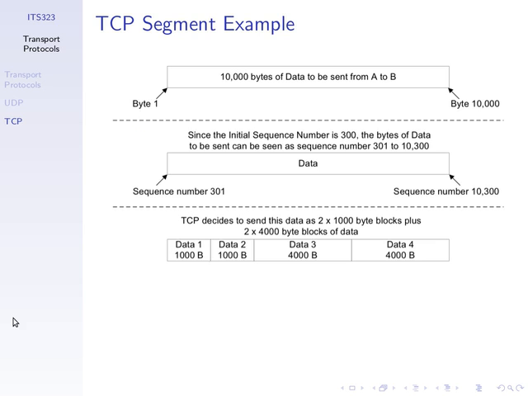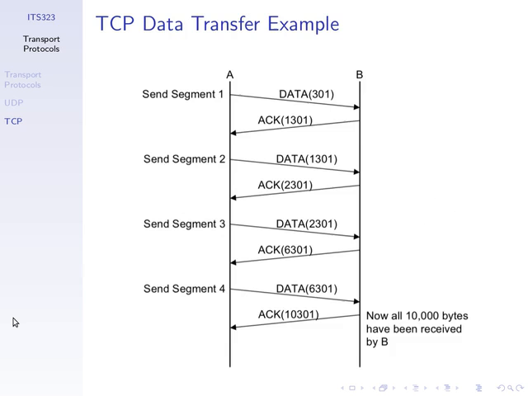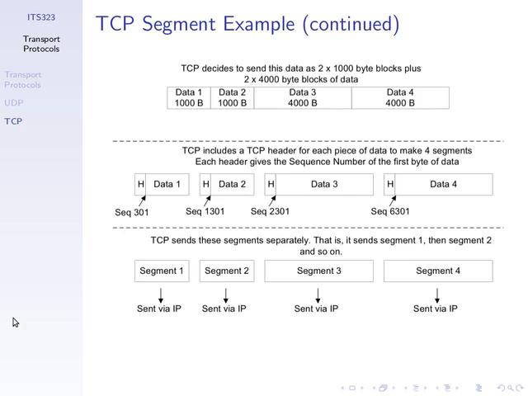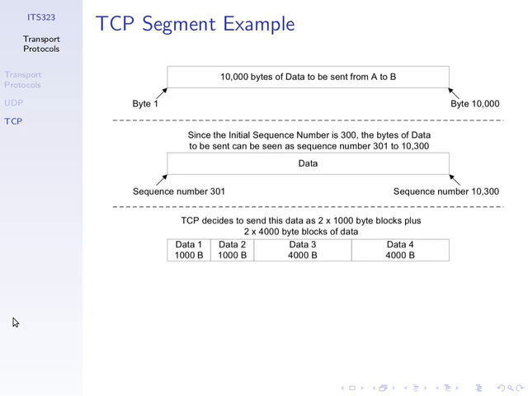Here's an example where our application initially generates 10,000 bytes of data. The diagram I'm going to draw on the board is similar, or almost identical, to this diagram. I'm going to just draw it on the board as we go through this example.